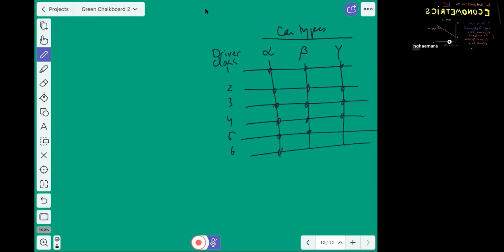So I have drivers that are set into 6 different levels, 6 different classes, and let's say they're doing a certain race and I want to see their speed per hour. So my outcome would be the speed per hour in a certain test, for example, a driving test. It's not a regular driving test. Let's say it's a race test, and I want to see their driving speed per hour.